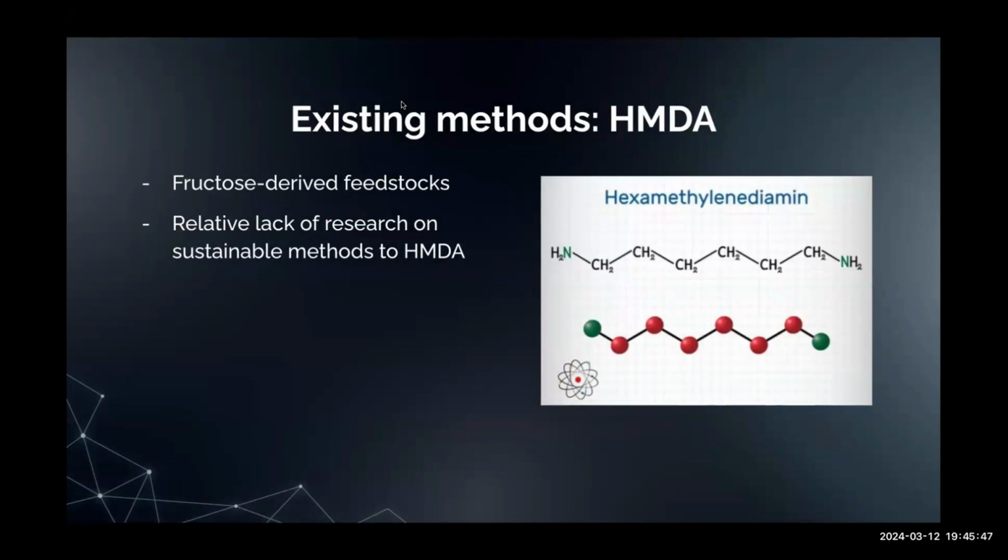However, there's a noticeable gap in research focused on developing these sustainable methods for producing HMDA. This shows that we need further exploration and development in this specific area so we can transition from using fossil-based resources to renewable, more environmentally friendly alternatives.